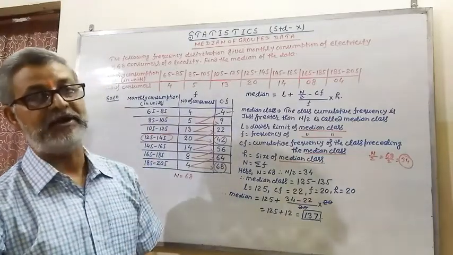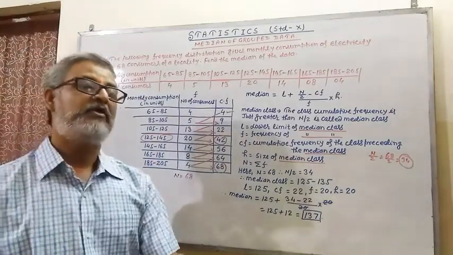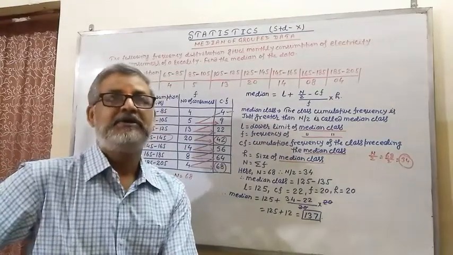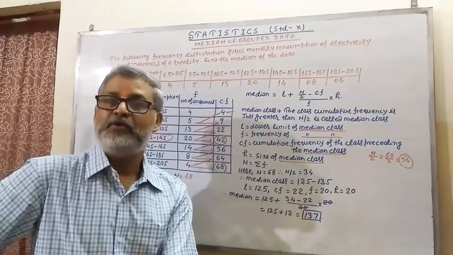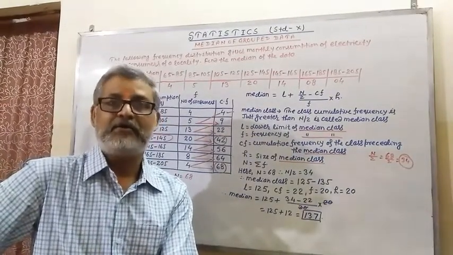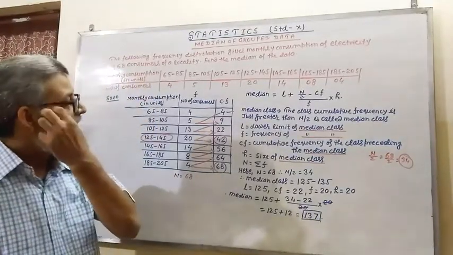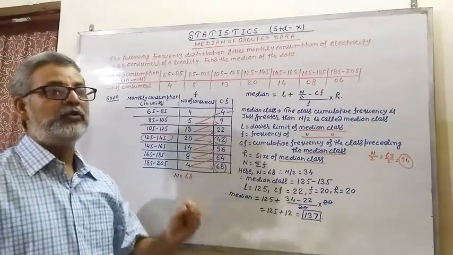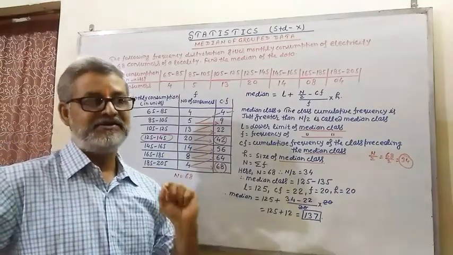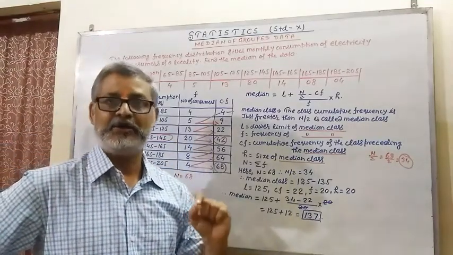Again I repeat how to find the median class. Find the value of sigma f; that is known as n. Find n by 2. Then observe in the cumulative frequency table which value is just greater than n by 2.